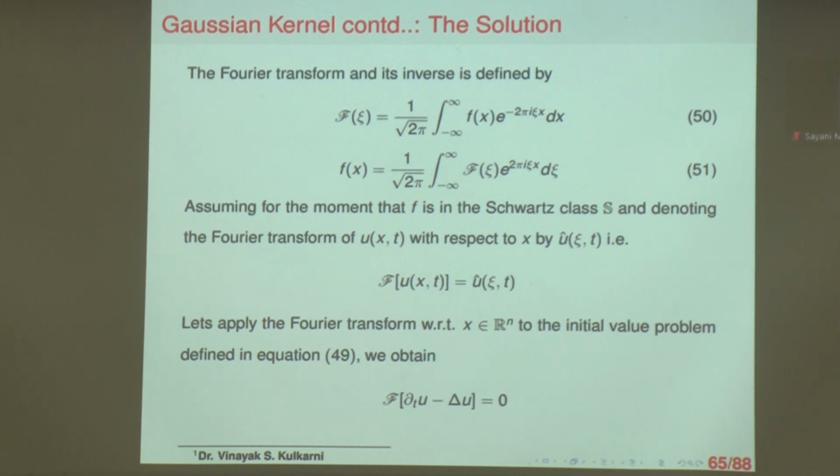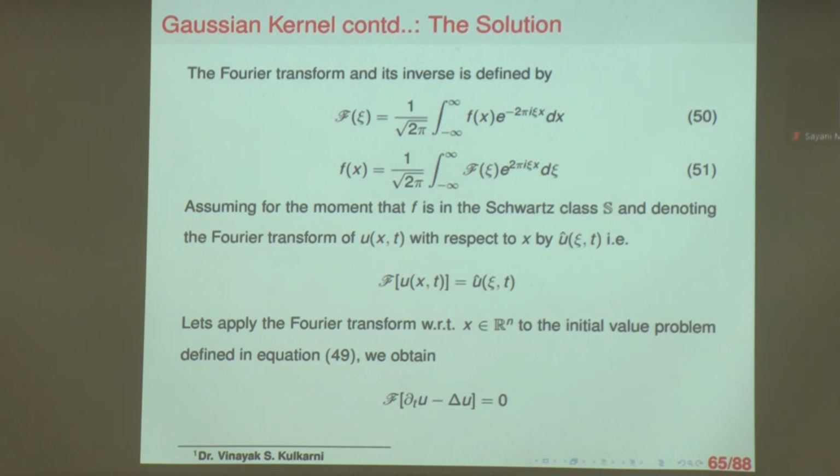The same technique that we used, only here the operator del is now a multi-dimensional operator rather than a one-dimensional operator. So the Fourier transform, I already told you the definition. Here I have considered xi as the Fourier transform parameter. This is given by equation number 50, which I can write as 1 upon root 2 pi, integral from minus infinity to plus infinity of f of x e to the power minus 2 pi i.